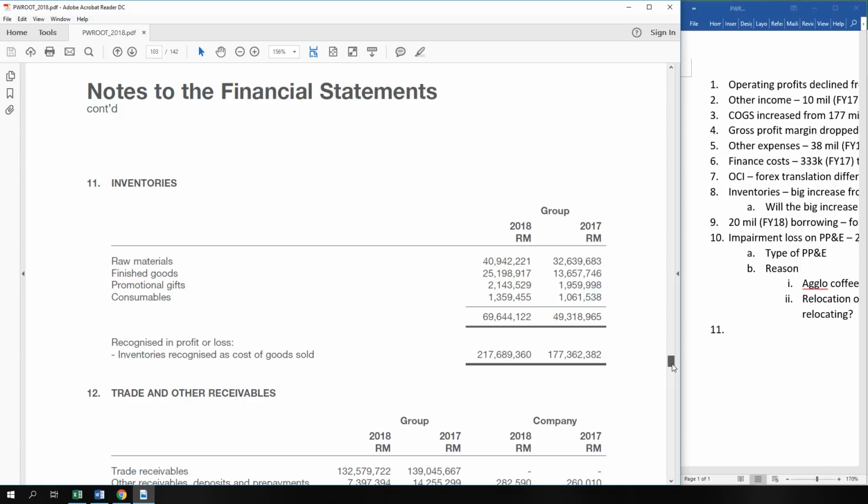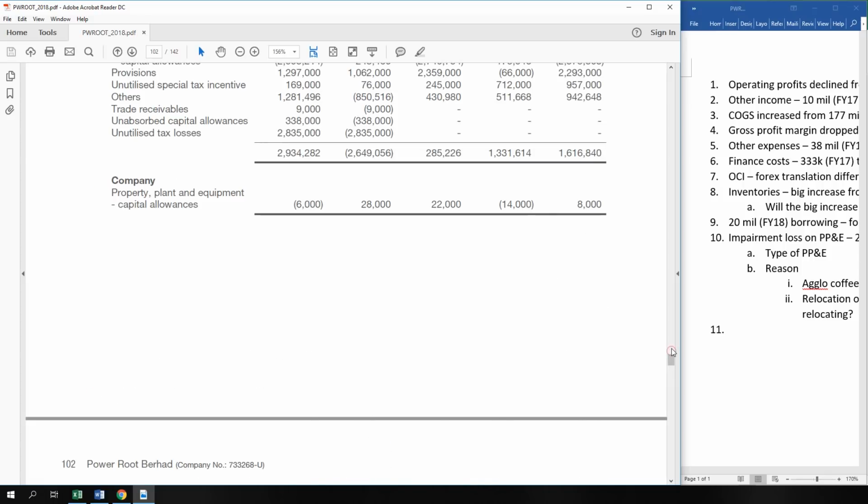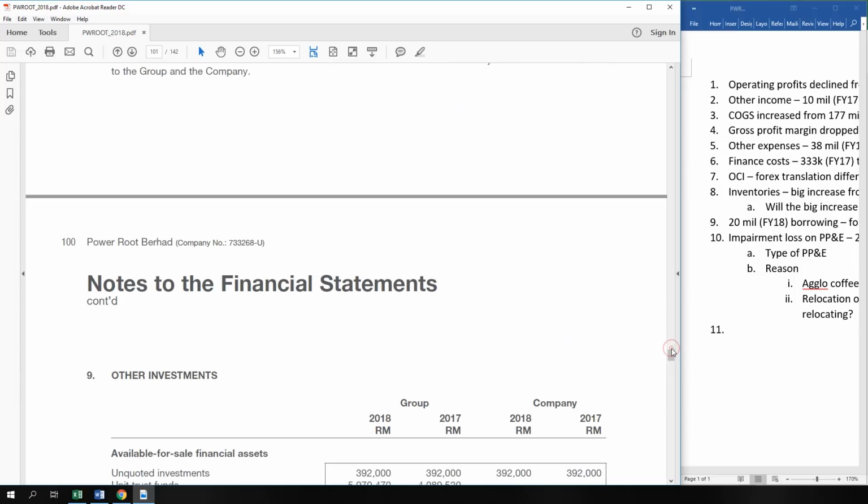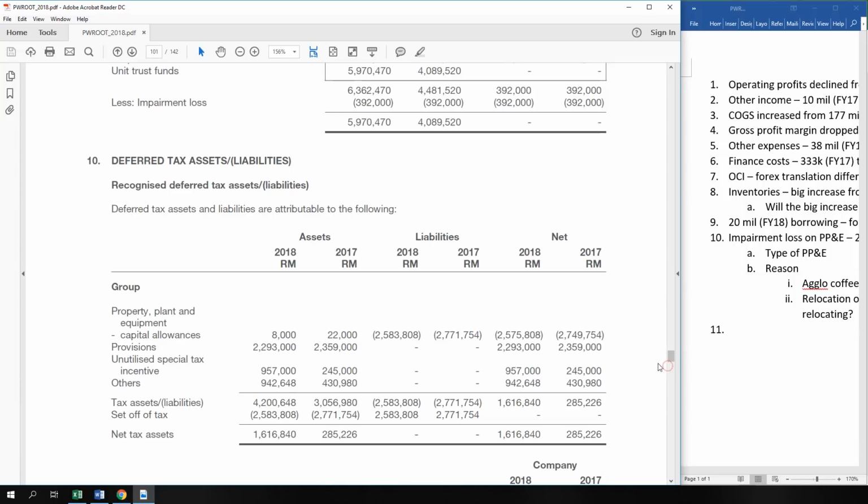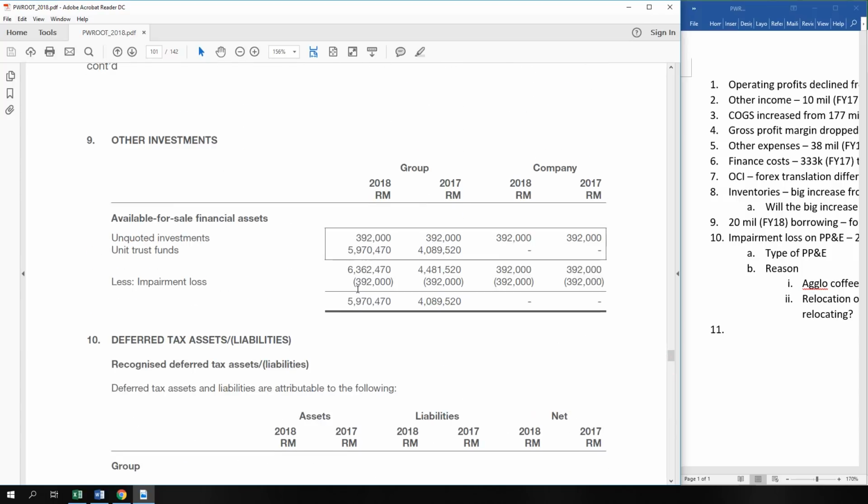Inventories. Just now I see other investments. Power Root invested about 6 million in unit trust funds. 6 million. What is the total assets?